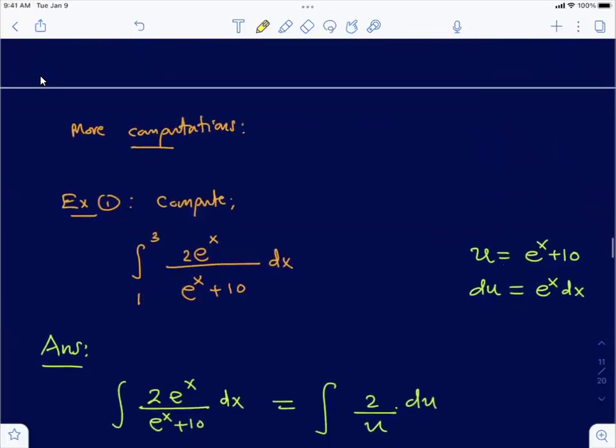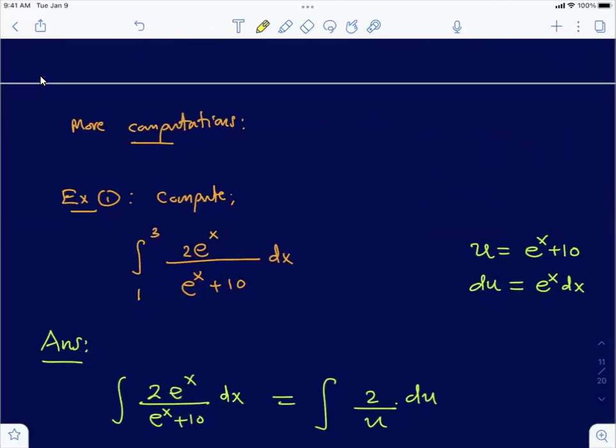Now let's look at more computations. First of all, this concept, the notion of definite integral, can be used in any kind of integration problem. So for instance, this is a typical problem. This is an example where you can employ a u-sub, because there is no way that you can integrate this right away because that has a fraction.